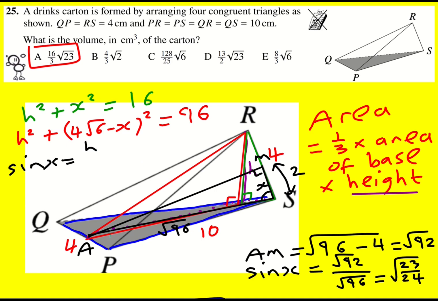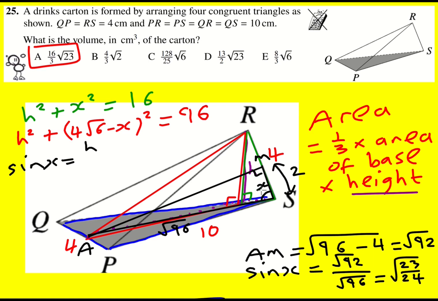I didn't want to say this right at the start, but maybe I should have done. So maybe I'll just recap. I've drawn a triangle going from A to M, and then from M to S, and then S back. I know that A to S is root 96. We calculated that earlier. And I know S to M is 2. I know this is a right angle because I've justified it: if I joined A to R, I would get an isosceles triangle, so this must be down the middle. So I can use Pythagoras and I can work out the length AM.